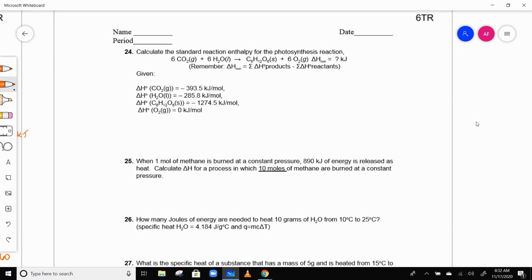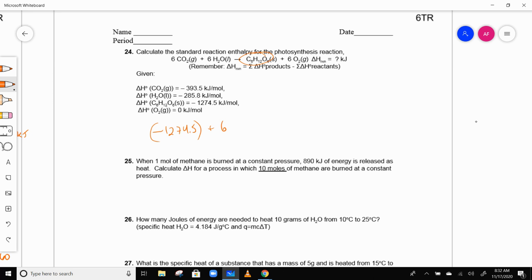Okay, next one, calculate standard reaction enthalpy. So this one we're using the delta H of formation for the products minus the reactants. So the products here, we have C6H12O6, which is negative 1274.5 kilojoules per mole, and there's only one of them.